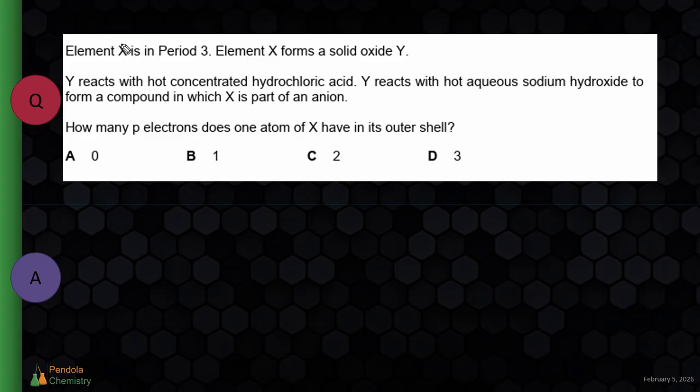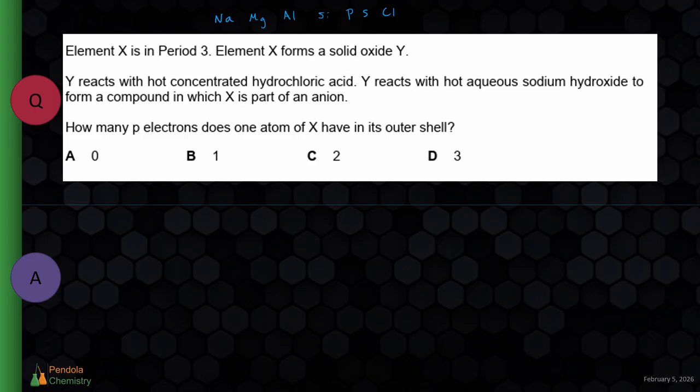So we know element X is in period 3, meaning that it has to be either sodium, magnesium, aluminum, silicon, phosphorus, sulfur, chlorine, or we're going to actually leave out the noble gas because it's never the noble gas. Element X in period 3. Element X forms a solid oxide.